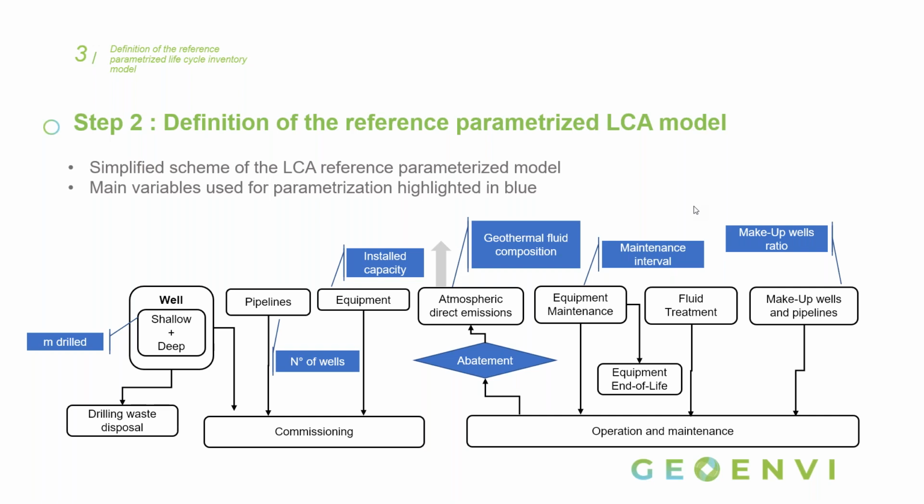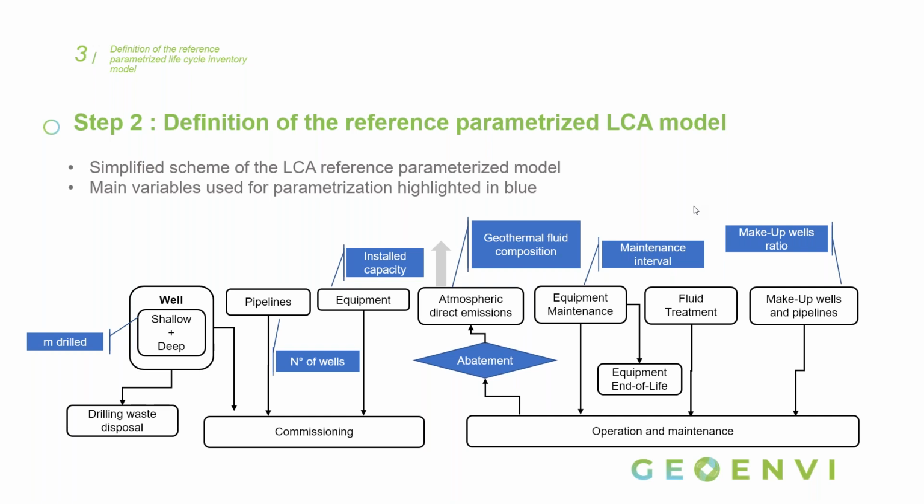mainly the EMIS system, while the model is developed in a way that it is possible to use also other kinds of abatement system. And also the needs of makeup wells is taken into consideration, even if for binary no makeup wells were drilled.